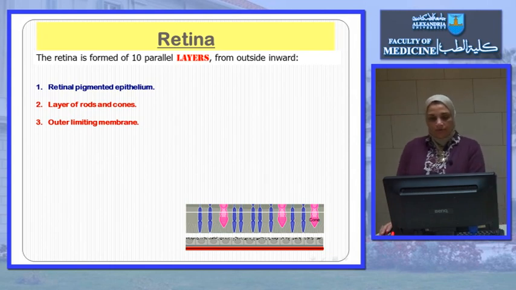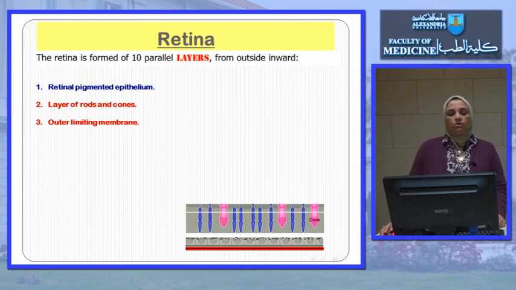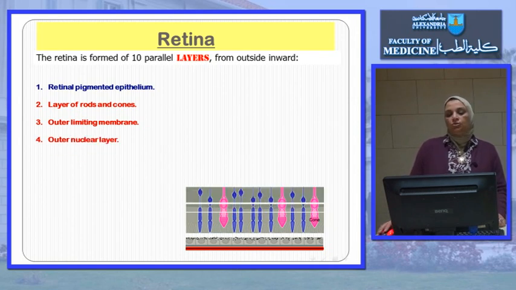Then we'll go to layer number 4, the outer nuclear layer. What's the outer nuclear layer? As I said, it encloses the cell bodies of the rods and cones containing the nucleus. These are the cone cells in pink, and these are the rod cells in blue.